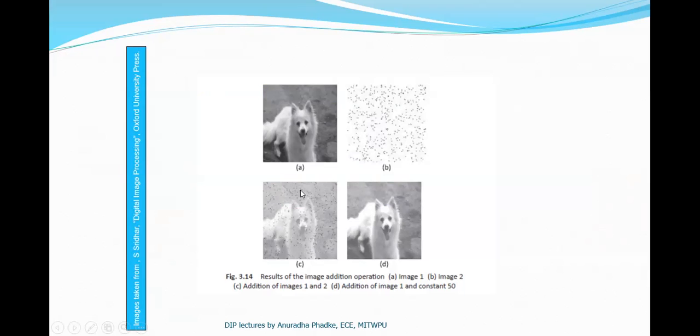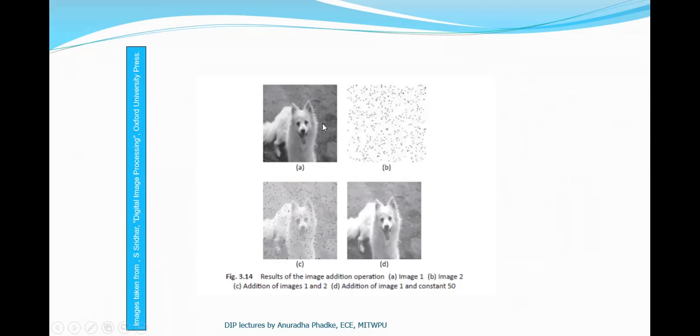Image C is the result of adding image A with image B. In image B, there are many white areas, the brightest areas, and those are also added to the original image. So overall, you can observe that this image is brighter than the original image, along with some dark dots on it, which are present in image B. So if you add image A with image B, this is the resultant image.